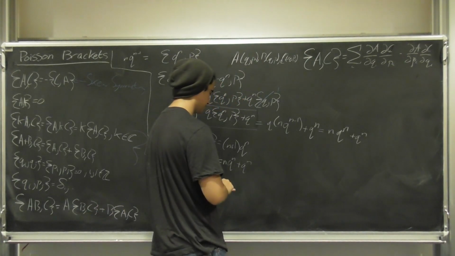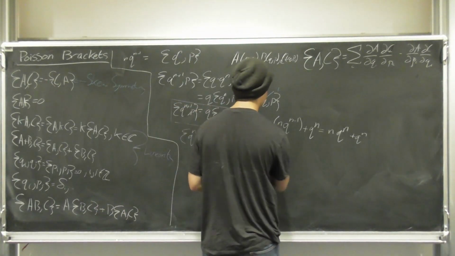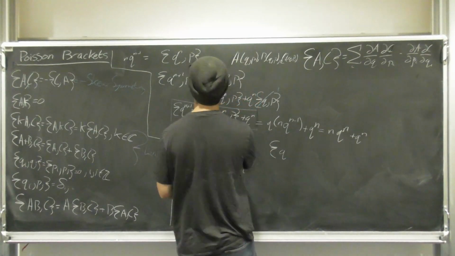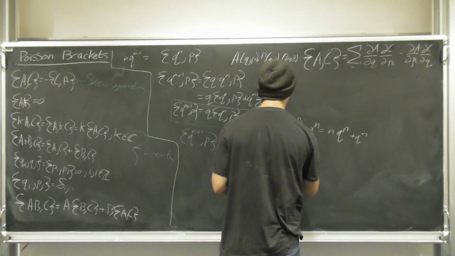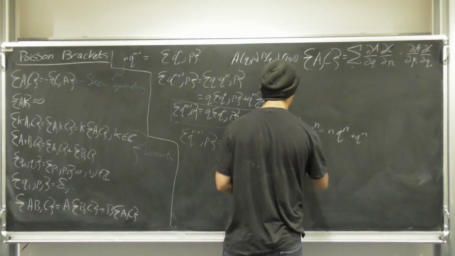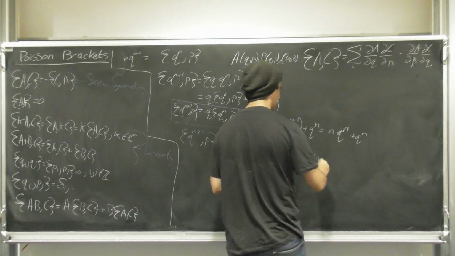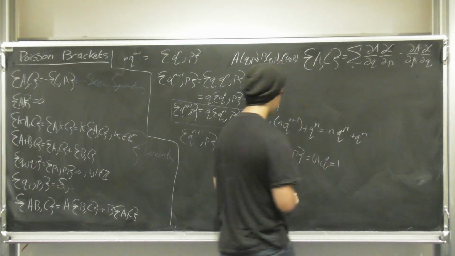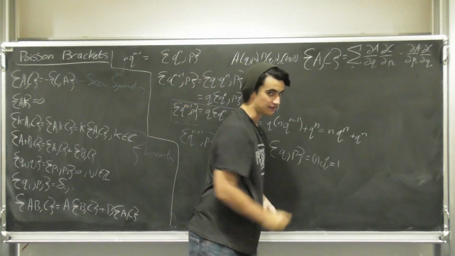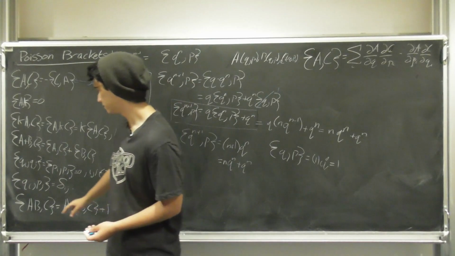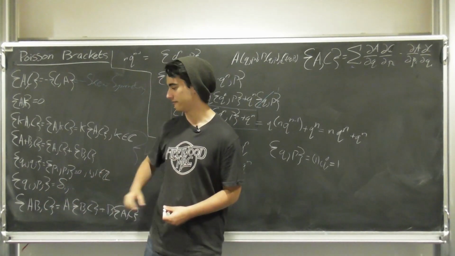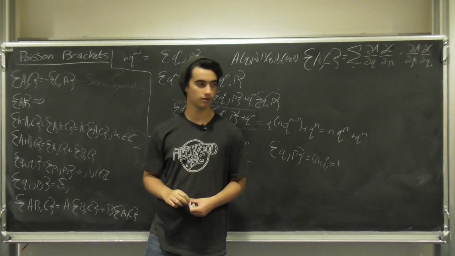So we then just need to show that the Poisson bracket of q to the 1, which is just q, and p is equal to 1, which is our n, times q to the 0, which is just 1. This is in fact what we showed back here with our Kronecker delta: that if q sub i and p sub j, if i and j were equal, we'd get 1.